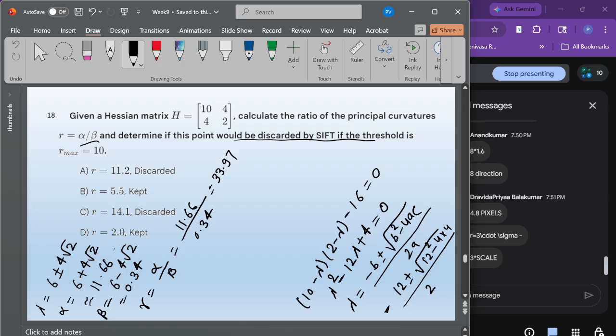In SIFT, key points are discarded if they are located on the edges, right?